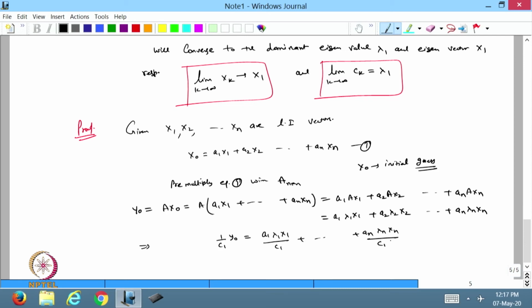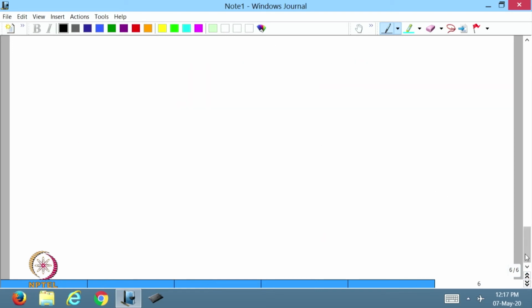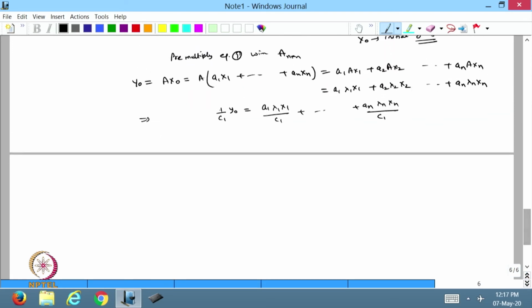So, I am dividing the whole thing by C1. From here, this becomes x1, because we already know that this becomes x1.